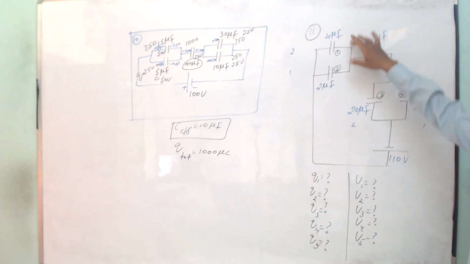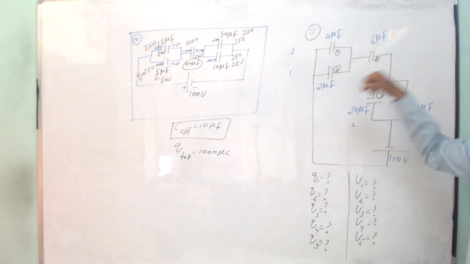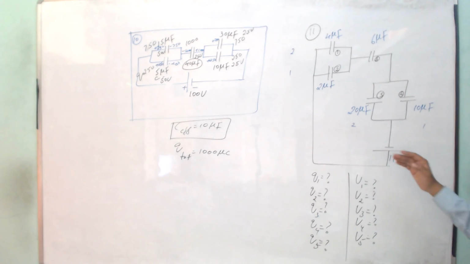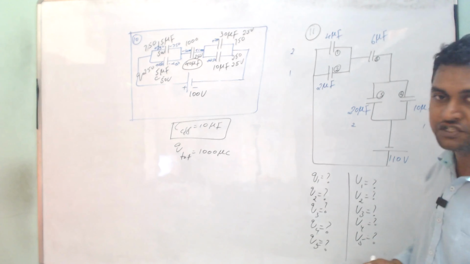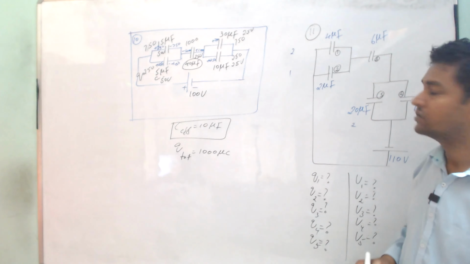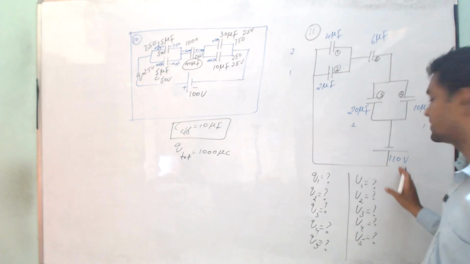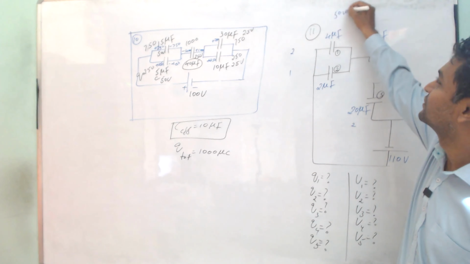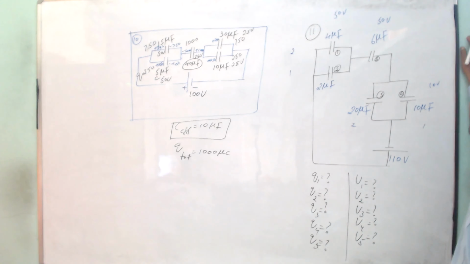So basically, this is 6, and this is 30. 1 by 6 is to 1 by 6 is to 1 by 30 is 5:5:1. 5:5:1 is my voltage ratio. Yes, sir. So it will be 50-50-10. That's the reason I gave 110. So 50 volts, and we will have this as 10 volts.